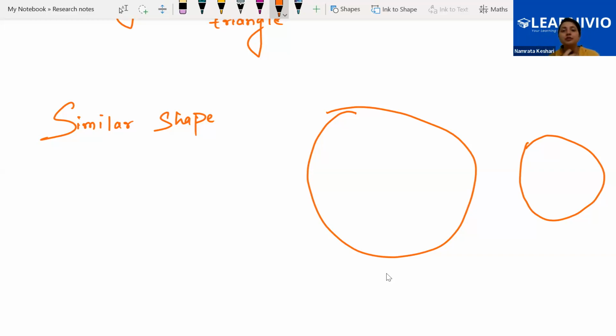For a circle, only the radius is there. Suppose the bigger circle has a radius of 8 centimeter, and the smaller circle has a radius of, let's say, 4 centimeter. So we are reducing the radius by half and getting the other circle, and these two shapes are similar.